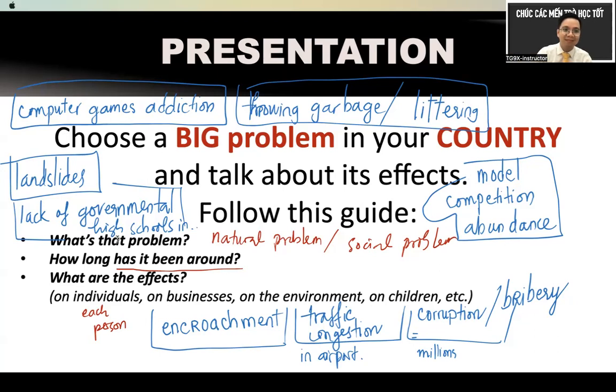I talked about how children recently use smartphones a lot, and the parents allow the children to use them when they are crying, when they don't eat, or do something annoying.